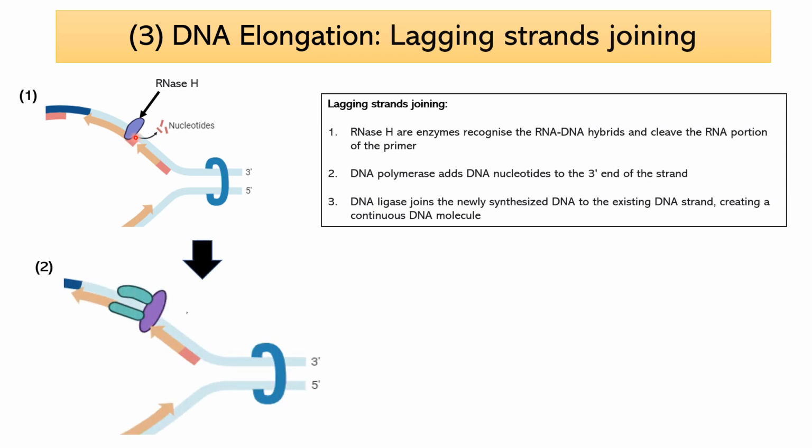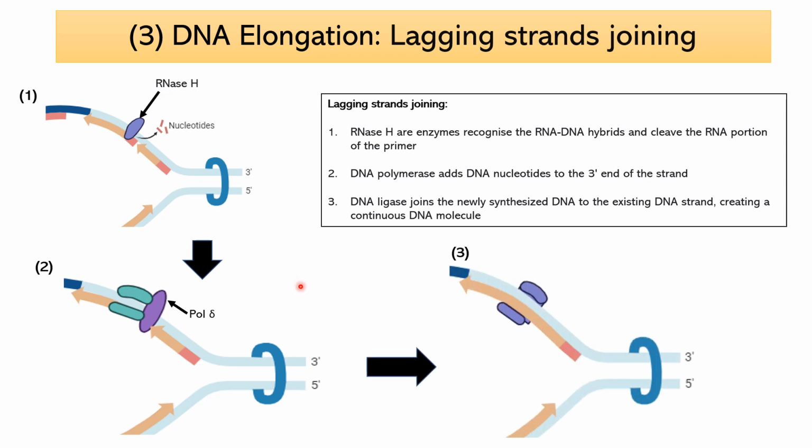Once these primers are removed, DNA polymerase, and as we said before, polymerase delta is the one responsible for making the lagging strand, will make a short DNA strand that replaces the RNA primer that was removed by RNase H.